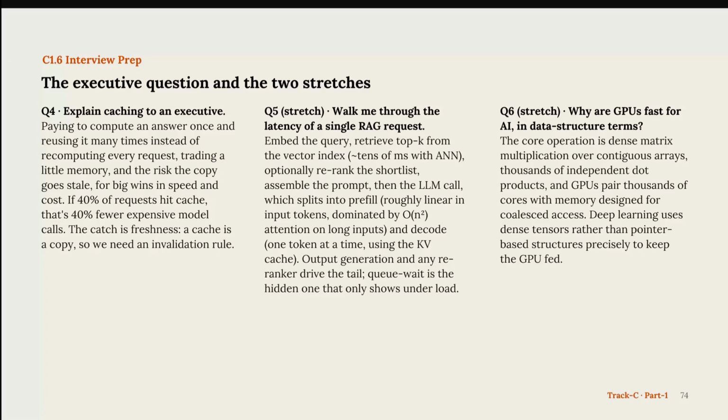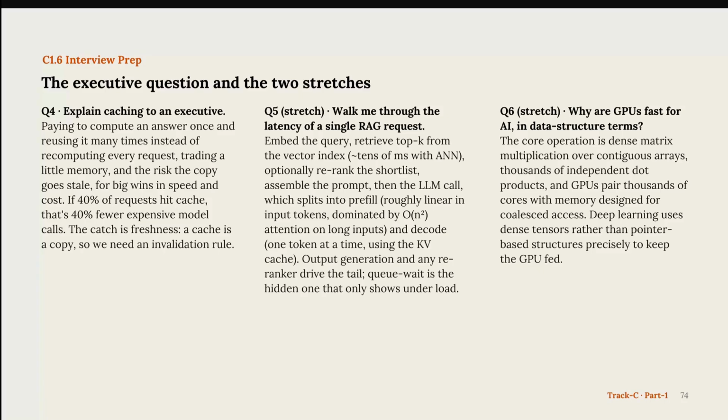Finally, another stretch question that could be asked is, why are GPUs fast for AI in terms of data structures? We learned from the first few things that GPUs work on contiguous arrays of thousands of values, and if they are doing dot products on top of them, GPUs pair thousands of cores with memory designed for coalesced access, and hence they are faster.